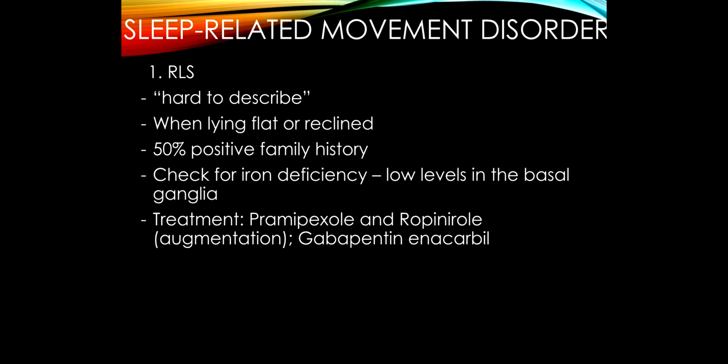Just be aware, we certainly don't want to overshoot and give a patient too much of a dopamine agonist, or we may get into augmentation. Remember the impulse control disorder, gambling, and all of that we see with Parkinson's. That can also happen when you give it for a condition like restless leg syndrome. So we need to ask about those issues anytime we prescribe a dopamine agonist.